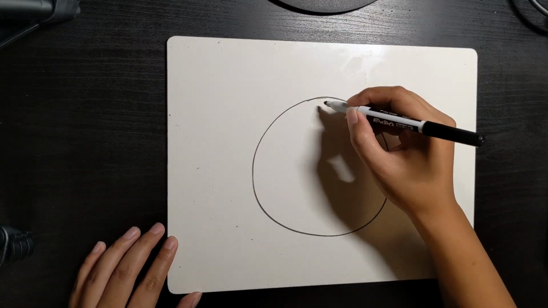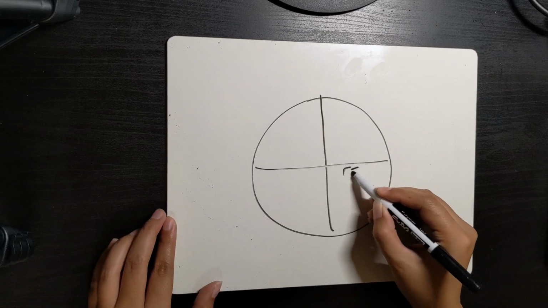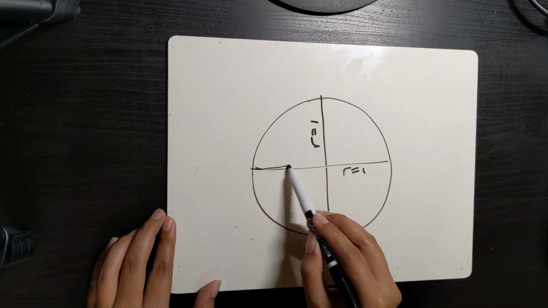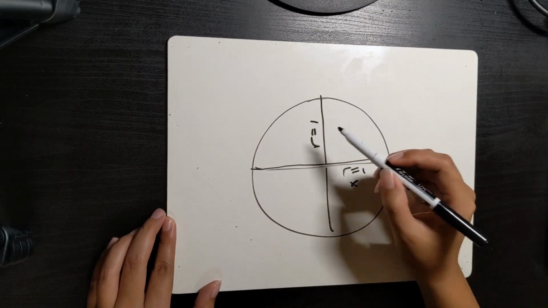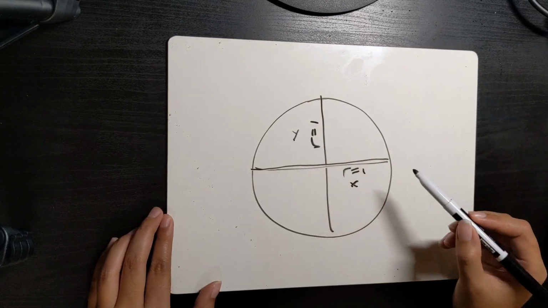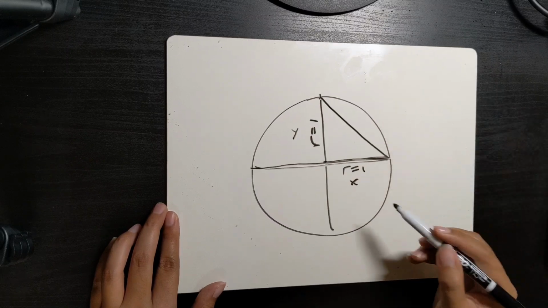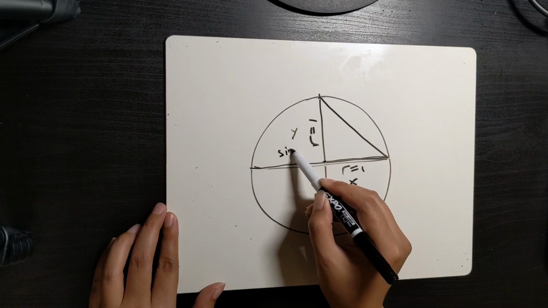A unit circle is called a unit circle because it has a radius of 1. If we look at this like a coordinate system, this is x and this would be y. And x is associated with cosine, while y is associated with sine.